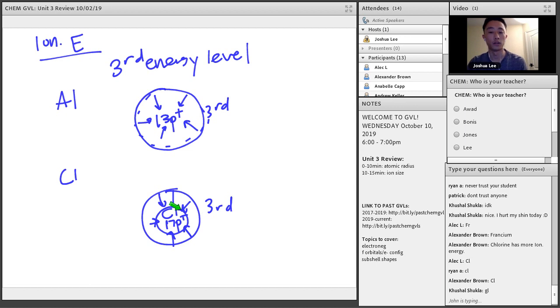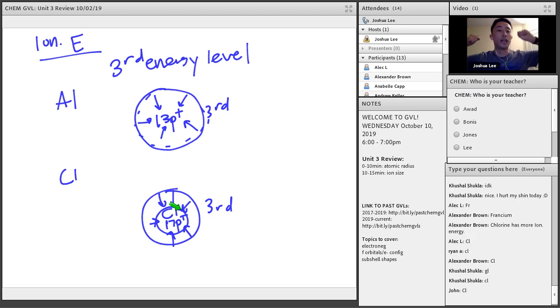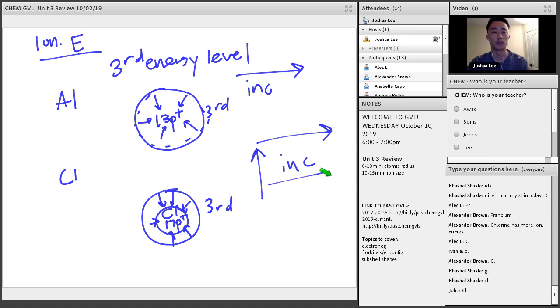Chlorine, because there are 17 protons holding on to all those electrons, whereas for aluminum, only 13. And they're at the same level. So it's going to increase going this way. The general trend for ionization energy is that it increases going up and across. It's the opposite of atomic radius.